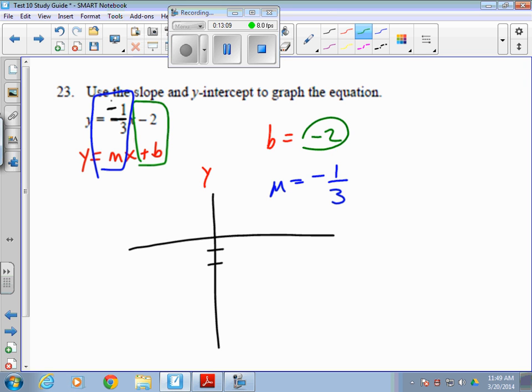That's where our b value tells us where to begin. Our m value tells us up and down, left and right, rise over run. Negative 1 says go down 1. Positive 3 says go to the right 3 times. Down 1, over 1, 2, 3. Second point based on your movement, and draw as straight a line as you can through your 2 points to create your graph.